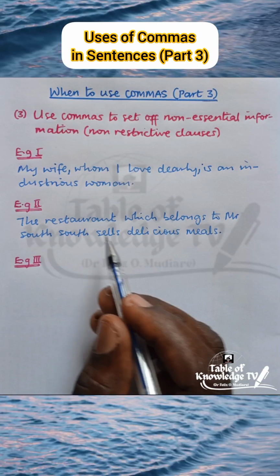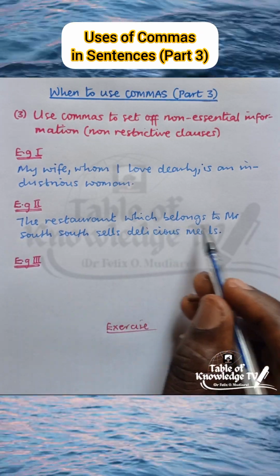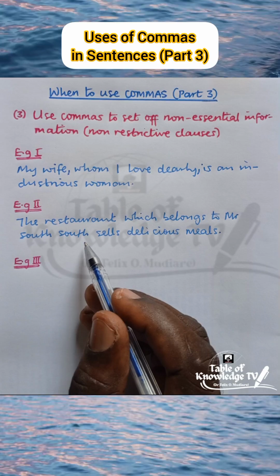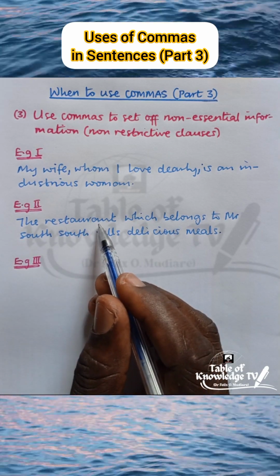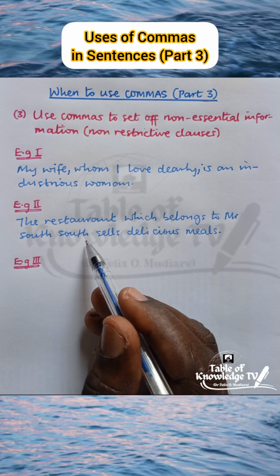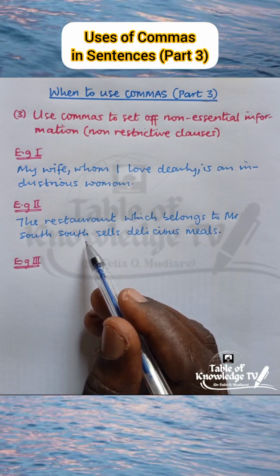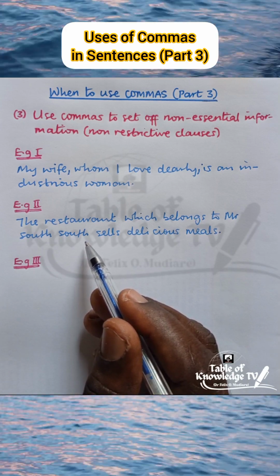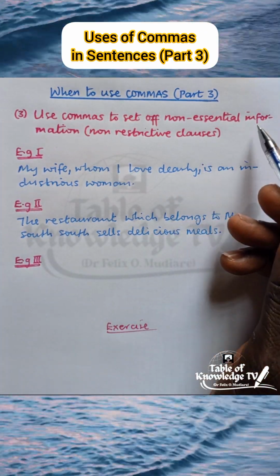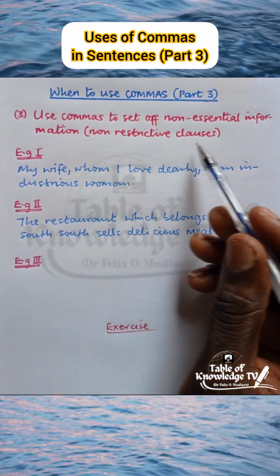In which case, this clause, which belongs to Mr. South South, is just meant to provide additional information about the restaurant. If you remove this clause, the sentence will still very much be well understood by the person to whom you speak. So this clause now is known as a non-essential information, a non-restrictive clause.